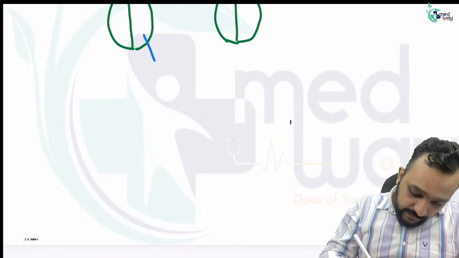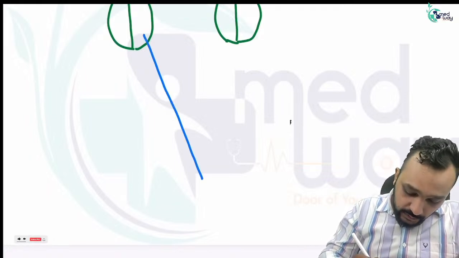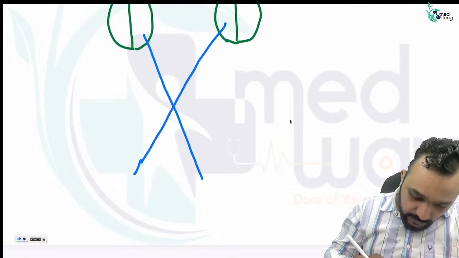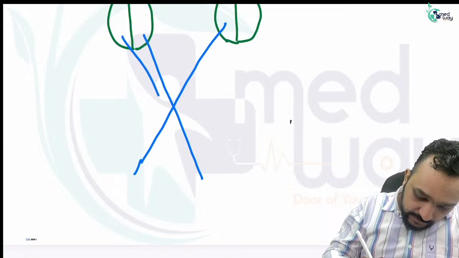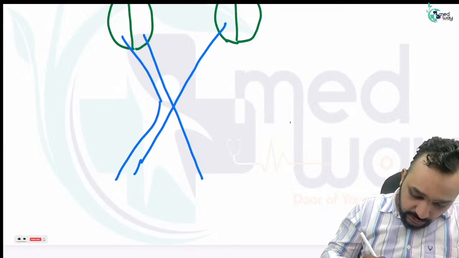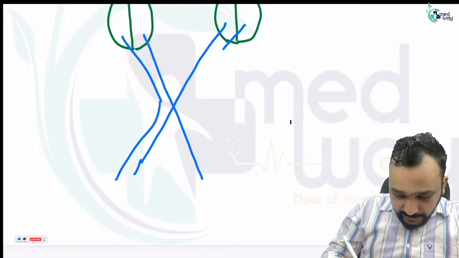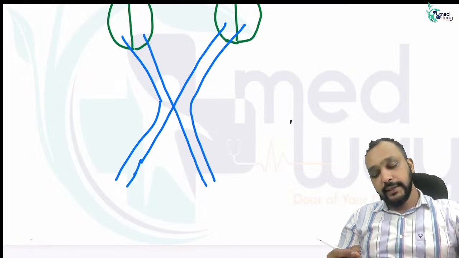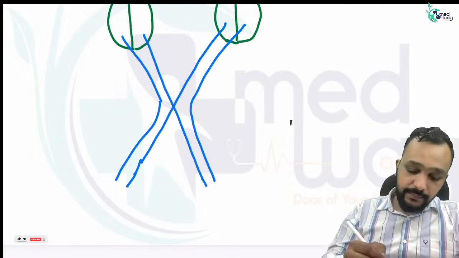So the medial fibers, okay, they are going to cross, whereas the lateral fibers, okay, they are not going to cross. They will carry the fibers from the same side only, right? They will travel to the same side.